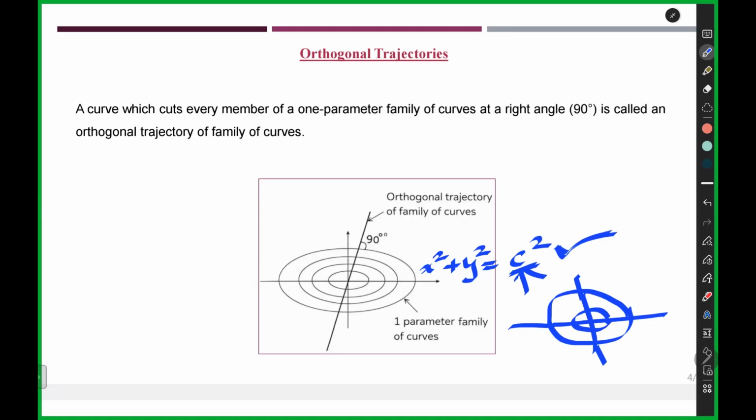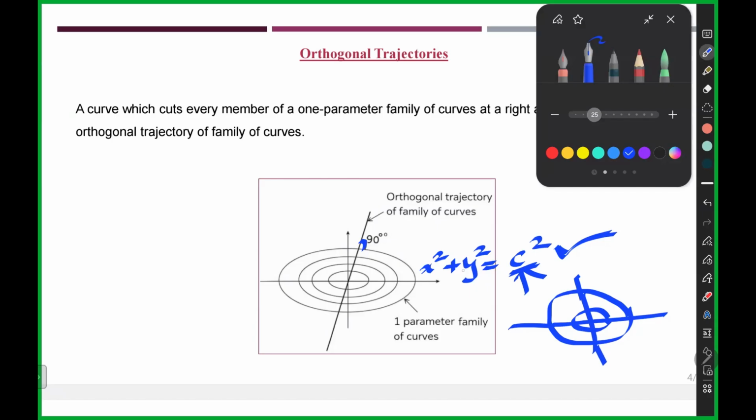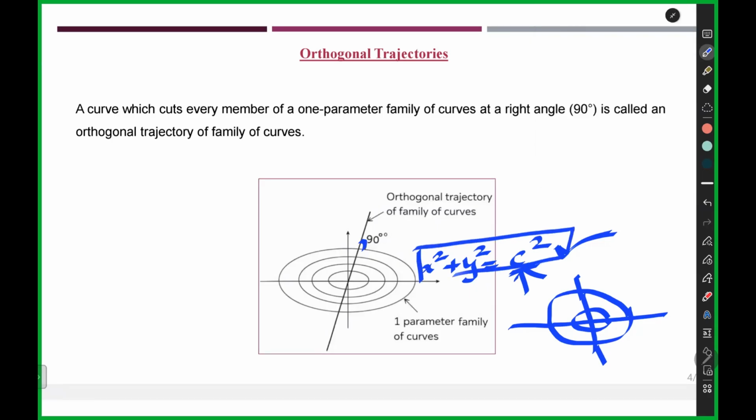So an orthogonal trajectory is just a curve which is perpendicular to this whole family. Like here we can see this line, which makes an angle of 90 degrees with this family of curves.